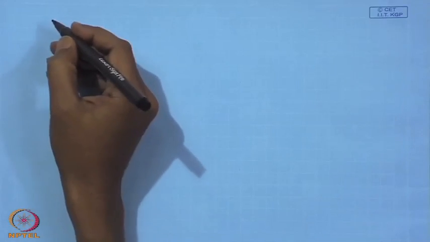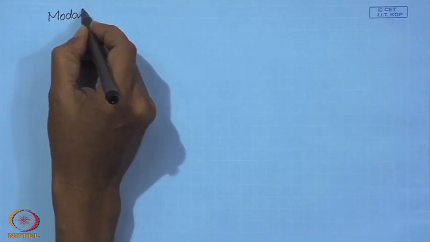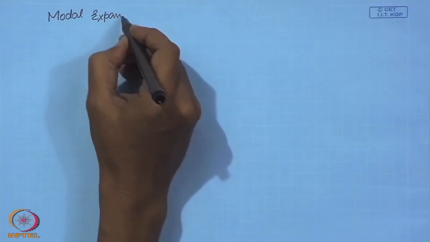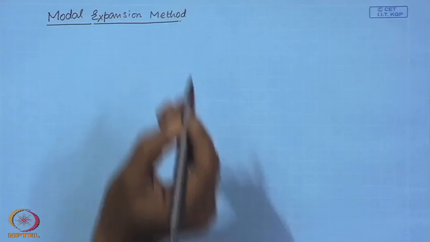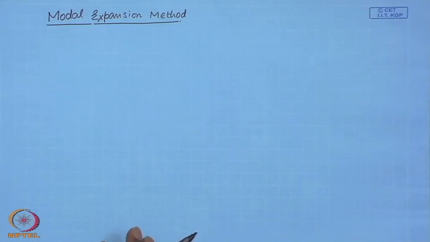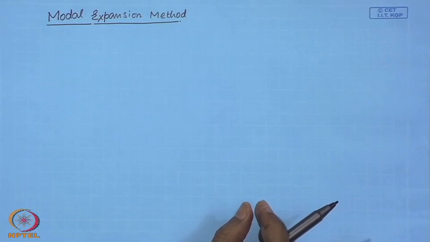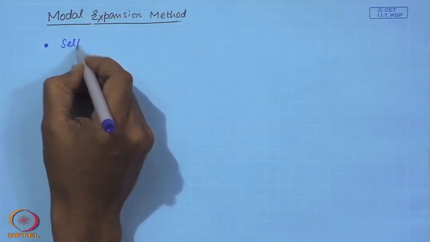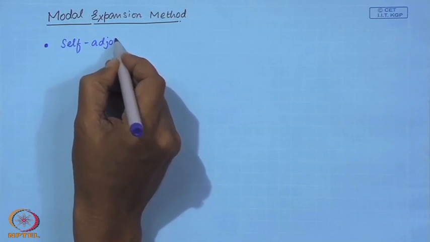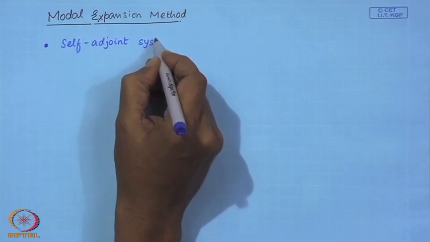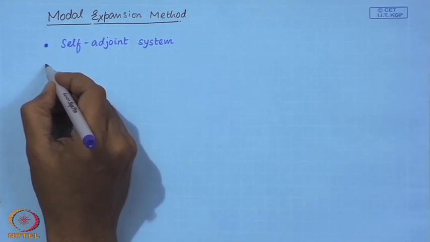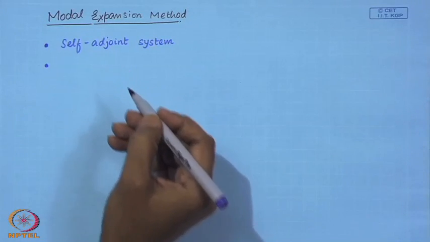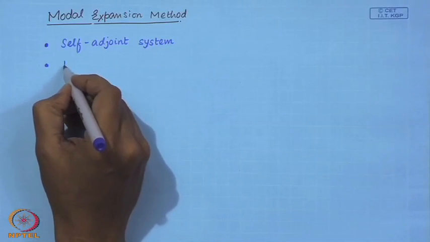Now, we have performed modal analysis of this kind of systems, and we have observed that when we have a self adjoint system, which is to say that the stiffness operator is self adjoint, then the eigenvalue problem has real eigenvalues and real eigenfunctions.